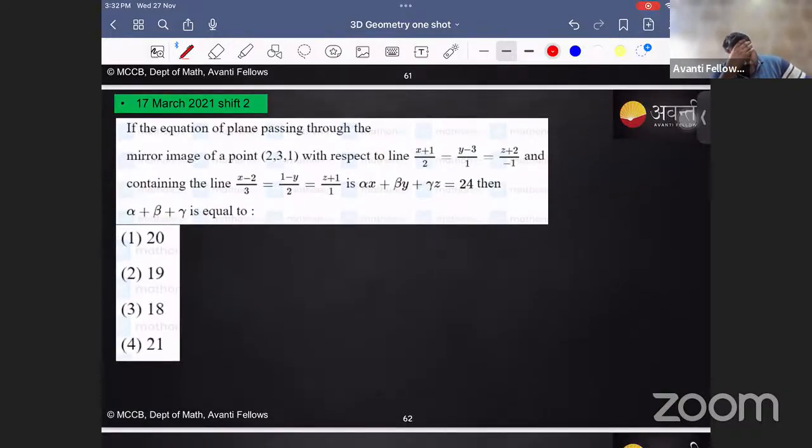If the equation of the plane passing through the mirror image of this point with respect to this line, then alpha is this. Then alpha, beta, gamma is what? Just quickly.